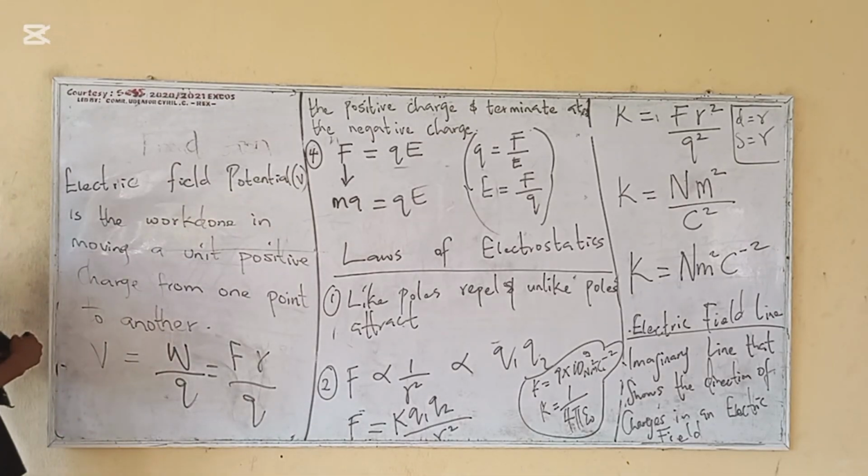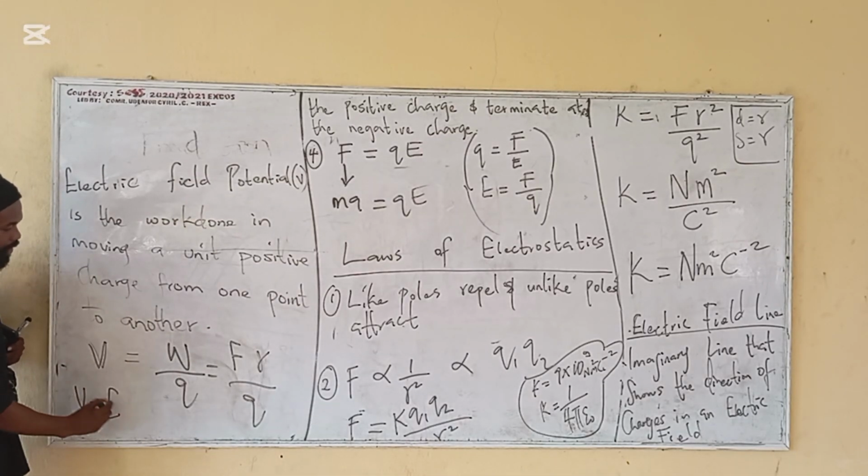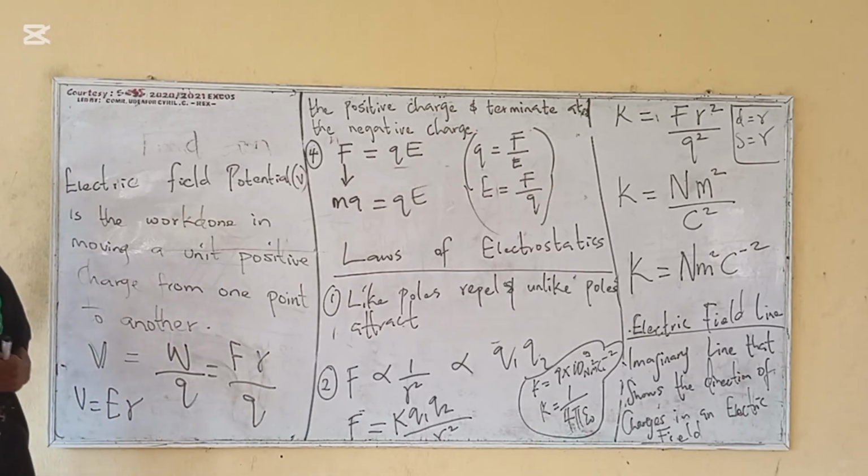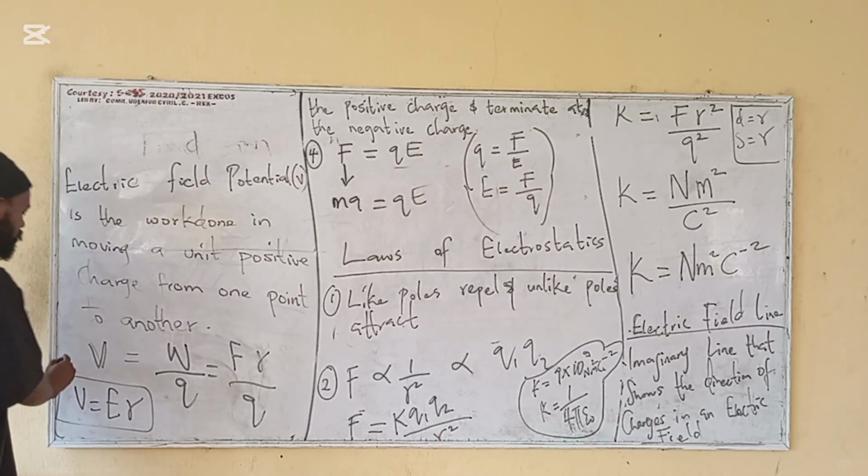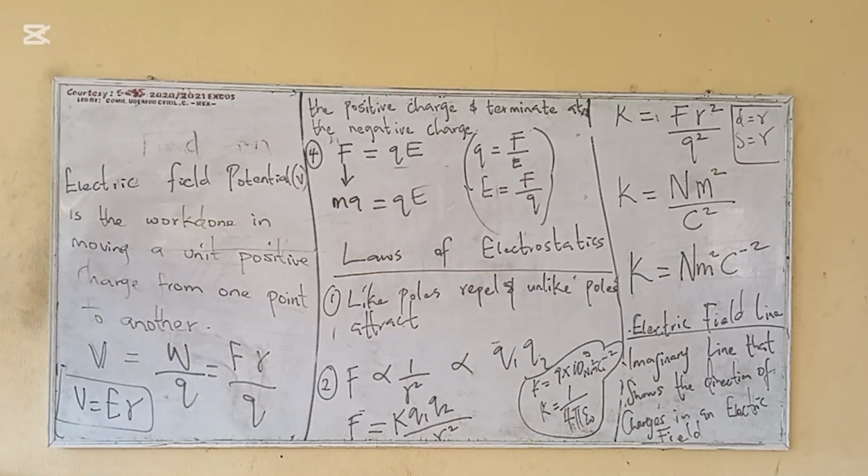That means that voltage is the same thing as saying ER. Very simple. This is the formula for the relationship between voltage and electric field intensity.